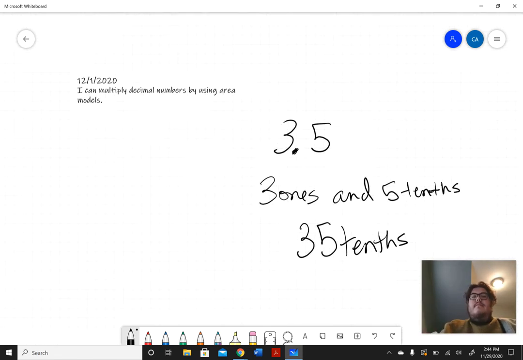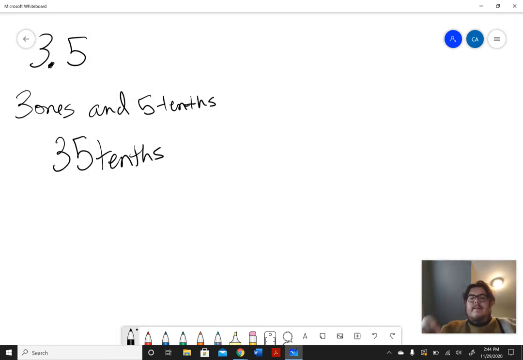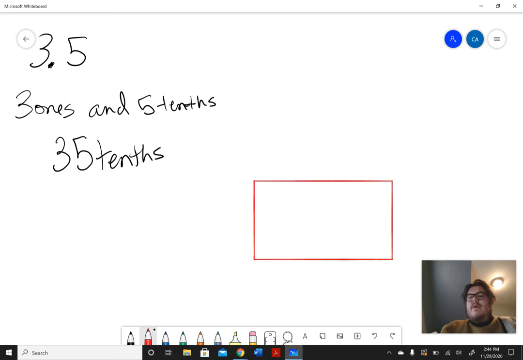If I just drew a place value chart, and I'm going to only make a small one because we only need to show the ones place and the tenths place. Here's our decimal, ones, tenths. In our number 3 and 5/10, we have 3 ones.